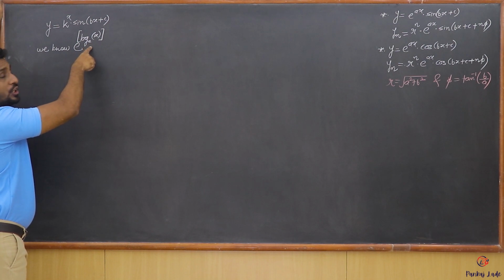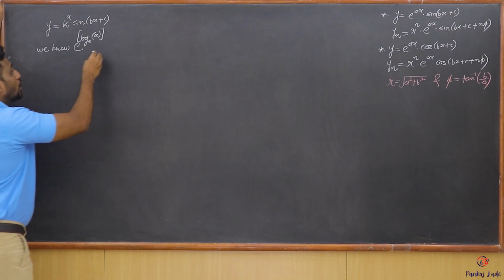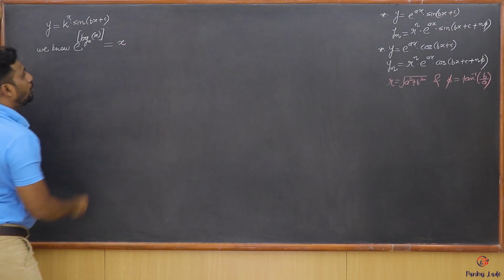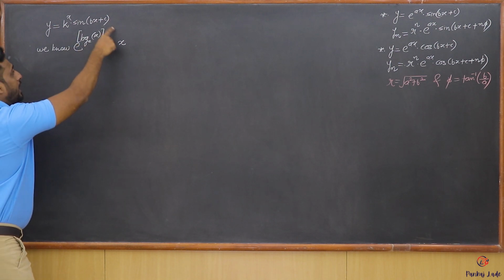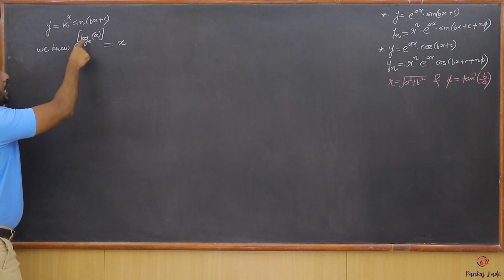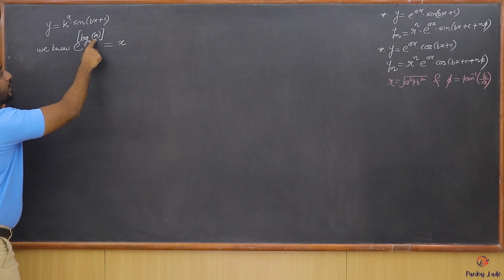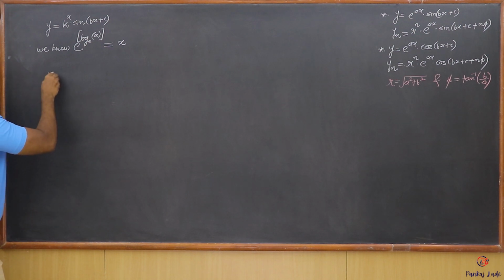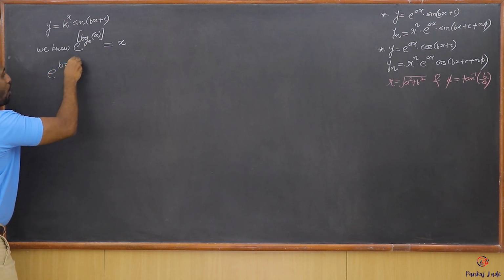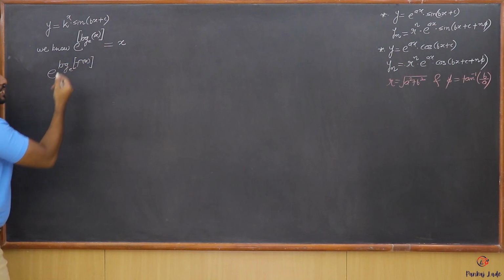This particular exponential term has the base e, log x also has the base e. So this, if you remember, comes out to be x. If the base of the entire exponential term and the base of the logarithmic term is same, you get the same x over here. So I can extend this to e raised to log of, instead of x, if I have a function of x, base has to be same.